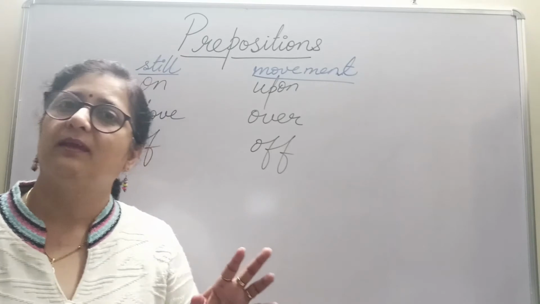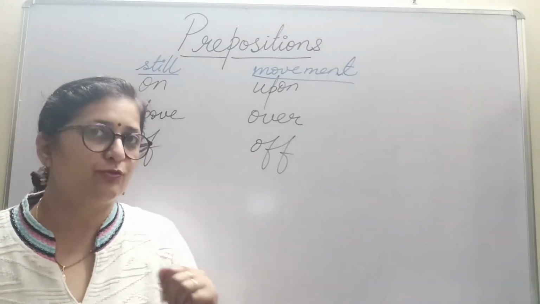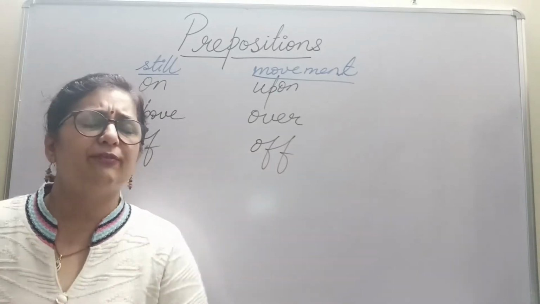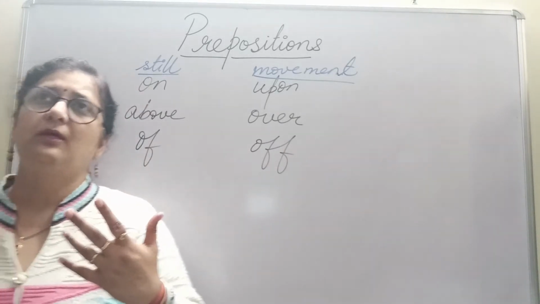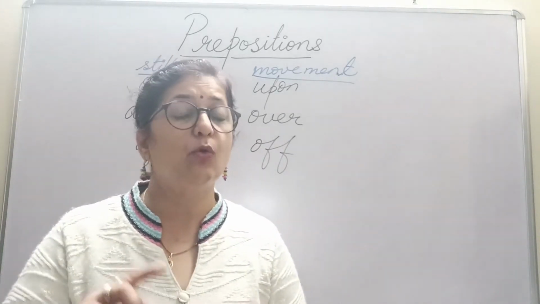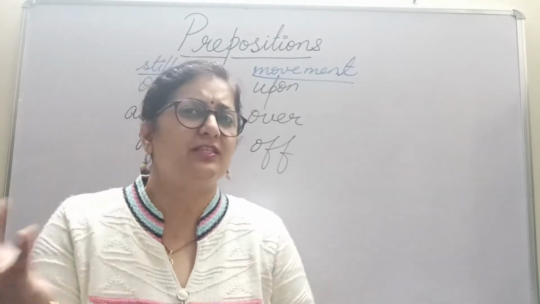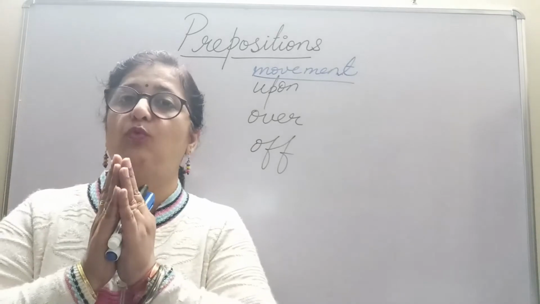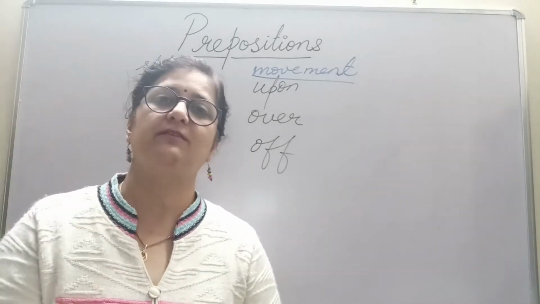The monkey fell off the tree. Then we use off when something is moved away from something. When we talk about switching off the light, OFF, what is the detachment there? We are detaching or moving away the electricity from the device.